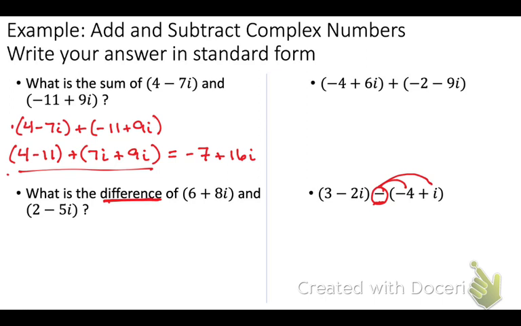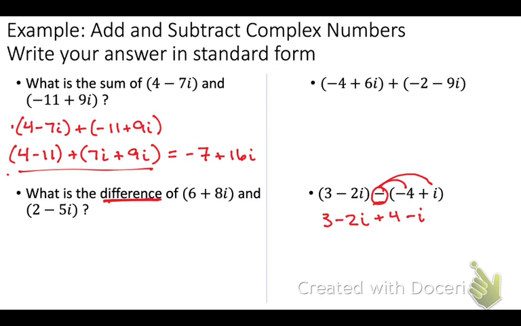So I basically have 3 minus 2i, and negative and negative is a positive, so plus 4 and minus I. And then combine like terms. Real to real, imaginary to imaginary.